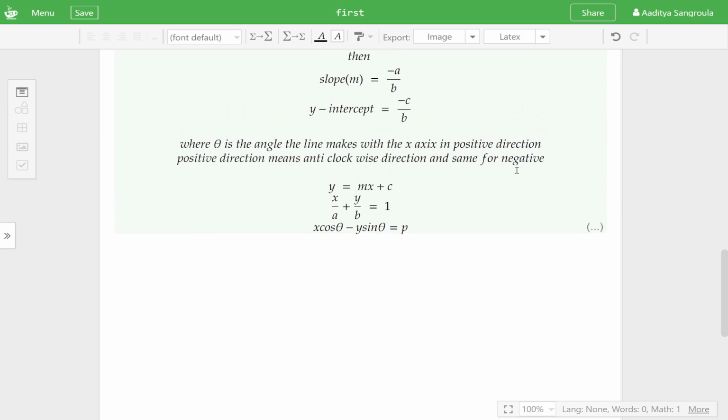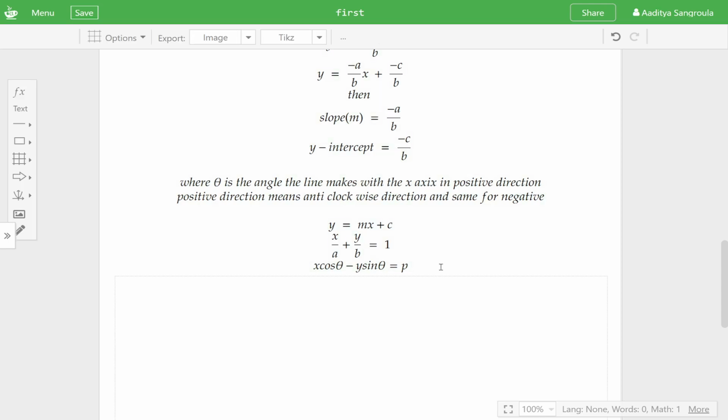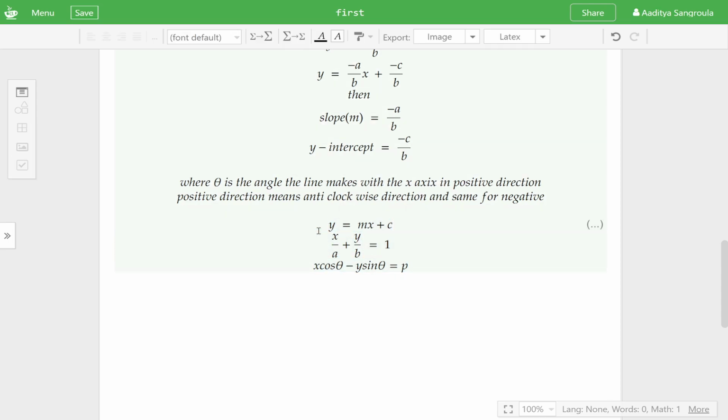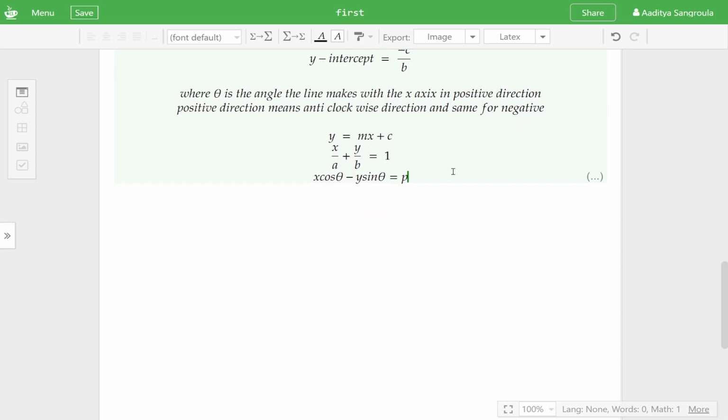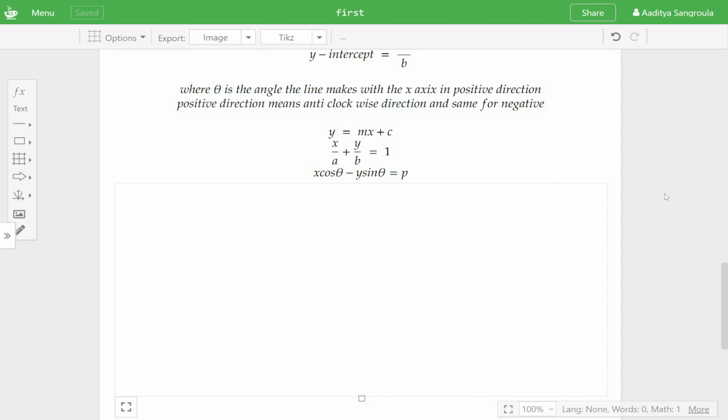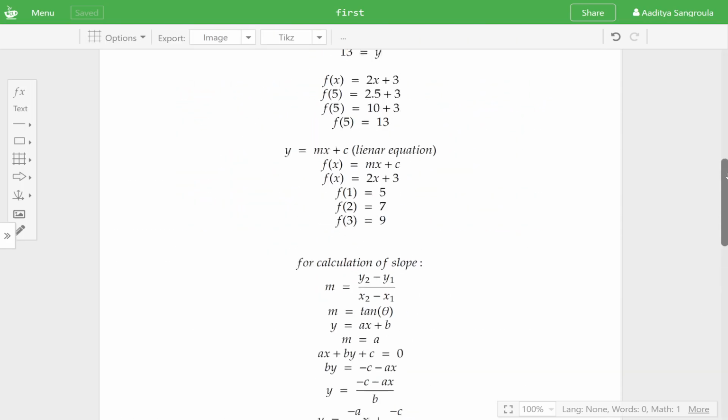I'm just giving these for you to know. You can research on these two formulas yourself, and that wouldn't be a big deal, because I've already told you the main thing, which is the slope-intercept form. Then this is the double intercept form, and this is the trigonometric form. So you just look at it yourself.